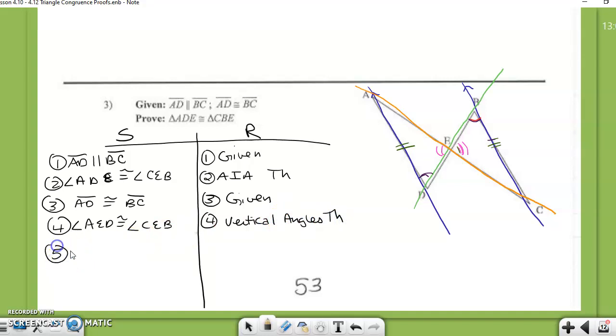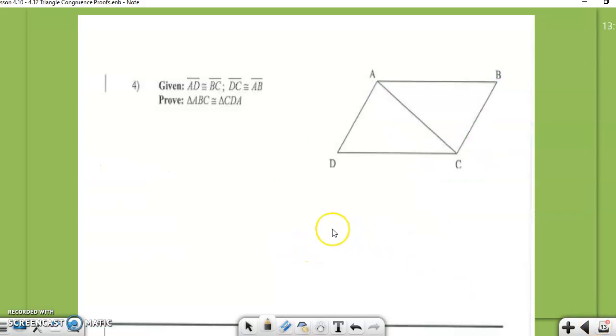So then finally I was able to make my statement: triangle ADE is congruent to triangle CBE with my angle, angle, side triangle congruency theorem. You can digest it by pausing it. This is going to be one of our last examples.